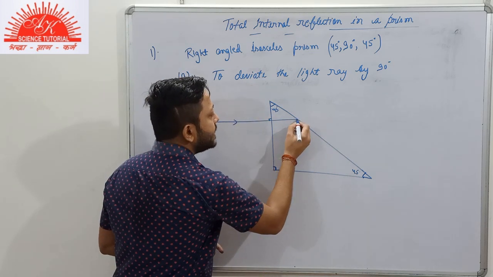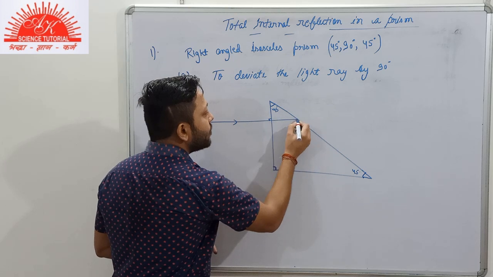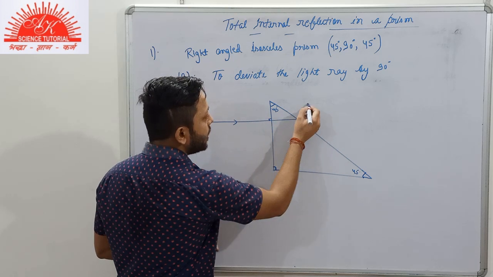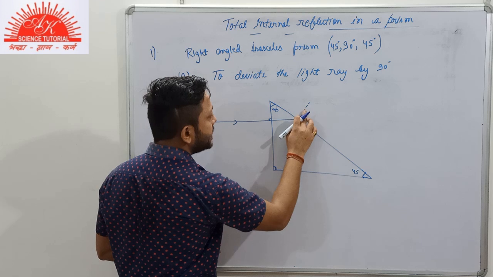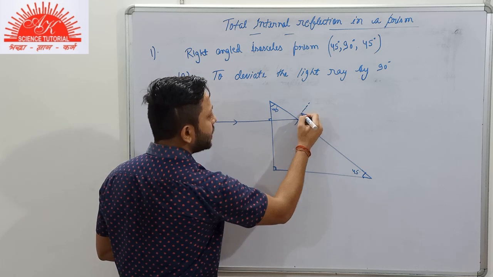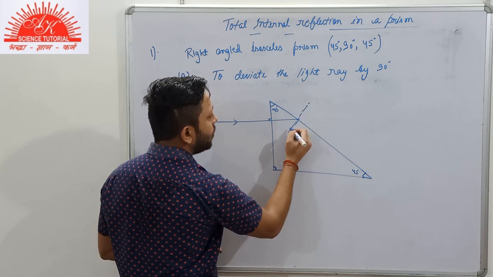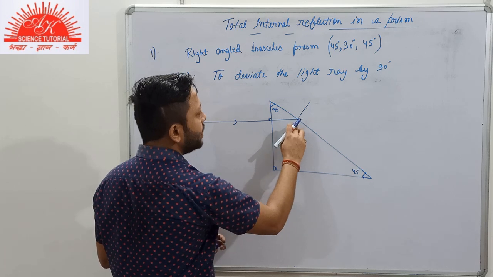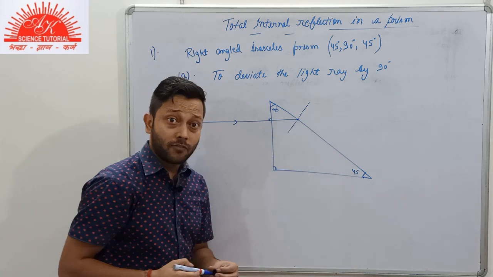Now when the light ray strikes this surface, we have to find the angle of incidence for this condition, so that we can find out whether refraction or total internal reflection will take place.